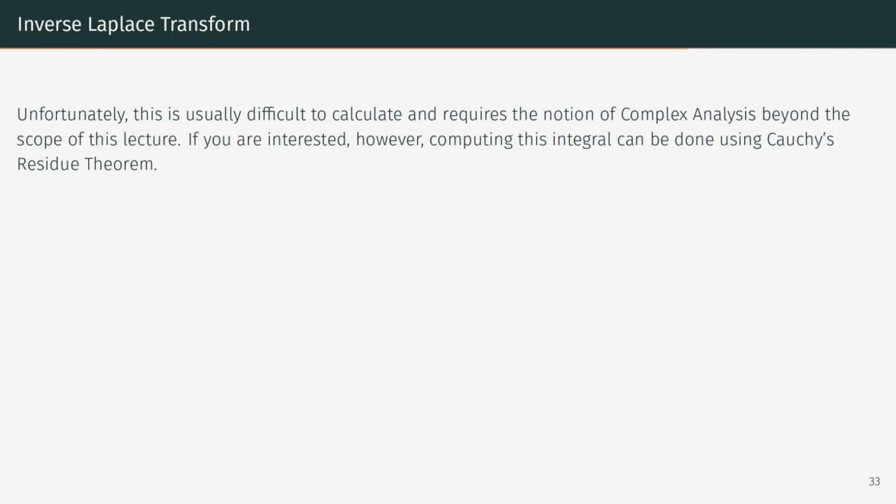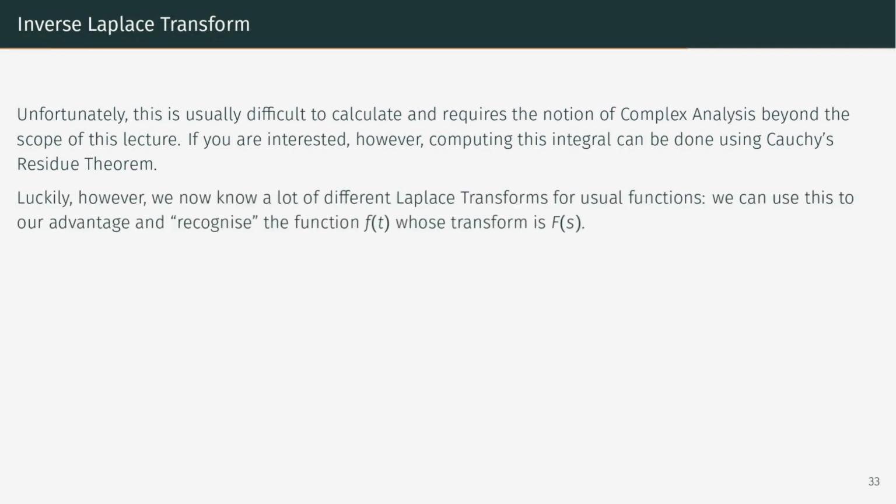Unfortunately, this is usually difficult to calculate and requires the notion of complex analysis beyond the scope of this lecture. If you are interested, however, computing this integral can be done using Cauchy's residue theorem. Luckily, however, we now know a lot of different Laplace transforms for usual functions. And we can use this to our advantage and recognize the function f(t) whose transform is F(s).